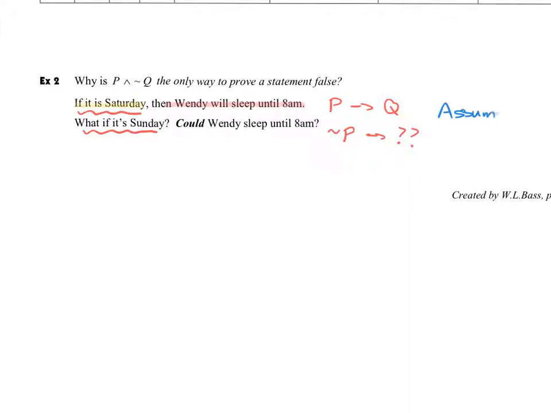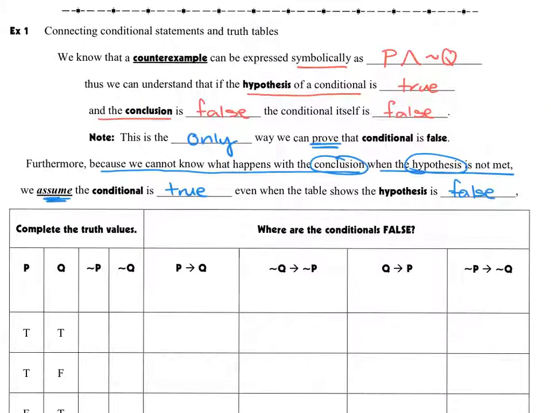Since we don't know, we basically give it the benefit of the doubt, and we just assume it's true. So back up to the top, the only way to prove that something is false is to meet our counterexample requirement that we have right there, a P and a not Q.